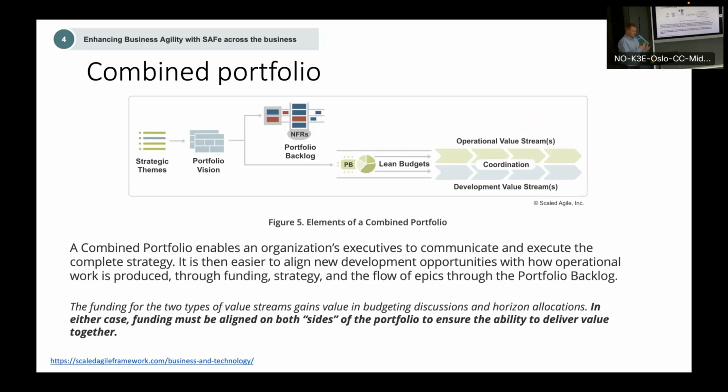Well, I tend to say that they're complicating it too much here. Because from a business point of view, an operational value stream is a combination of all the different systems you need to deliver customer value.